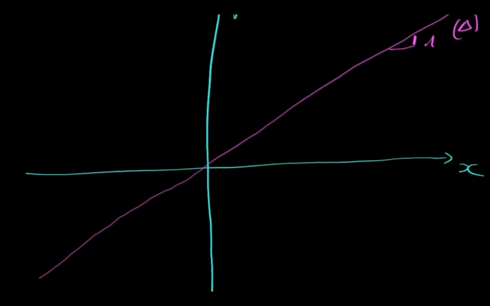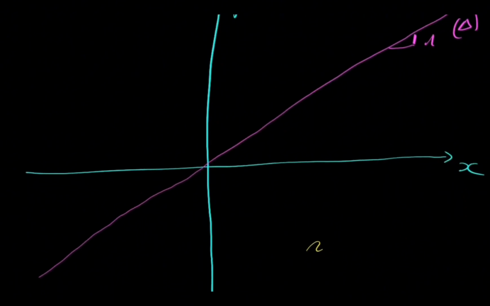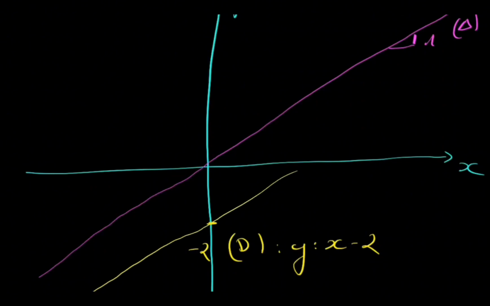Then we're going to sketch the oblique asymptote, which is called D, that has an equation of y equals x minus 2. So in 0 it's equal to minus 2. And it's parallel to delta, so something like that.